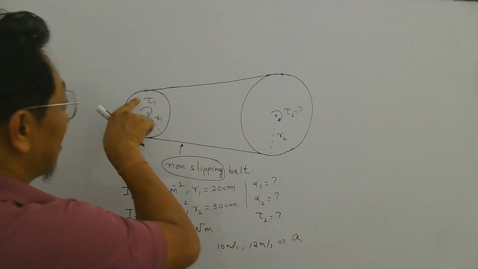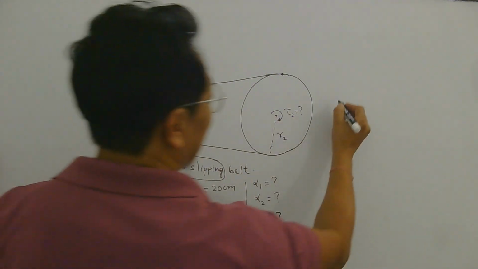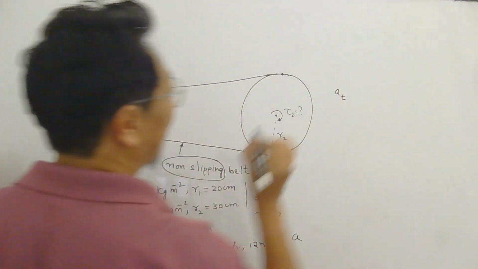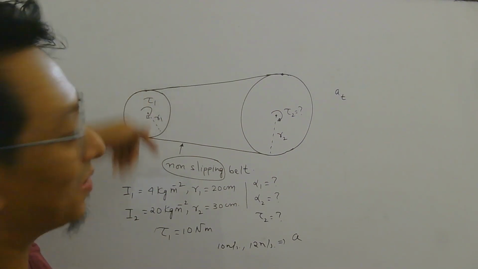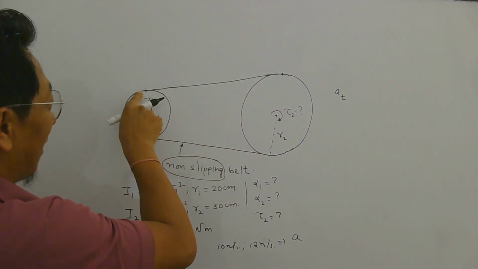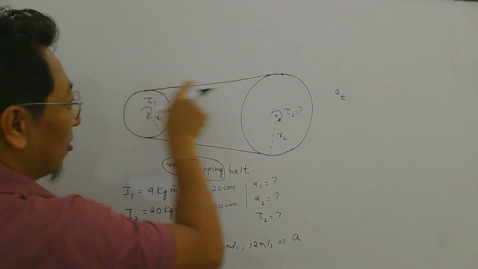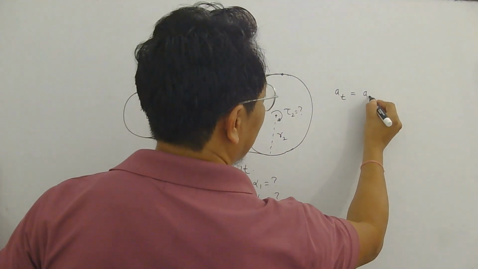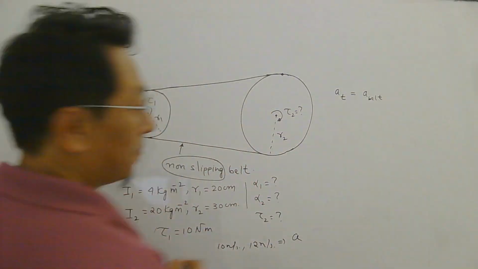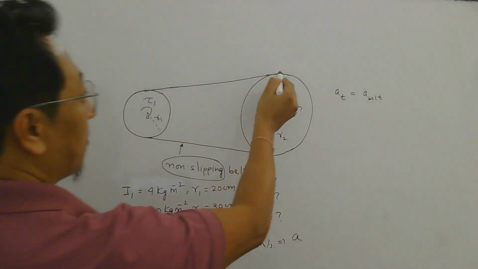Now that acceleration for the wheel in this direction is your tangential acceleration, because the wheel also has centripetal acceleration, remember. So in this direction, whatever acceleration the wheel has, that is called tangential, and that must be the same as the acceleration of the belt. And the same situation should happen here also.